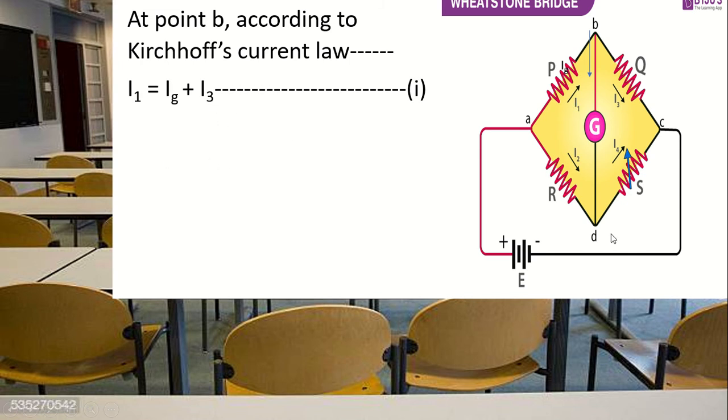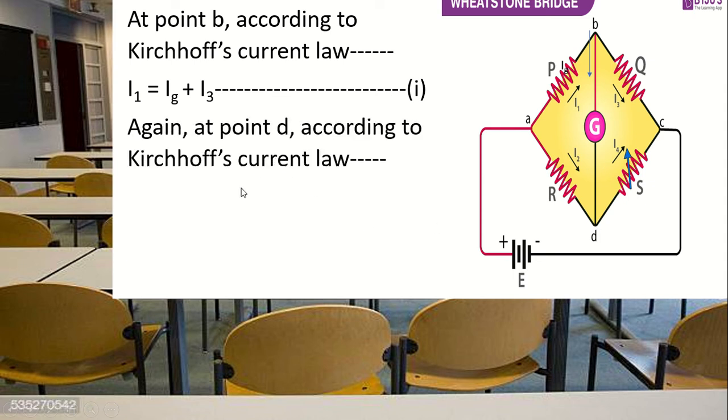Now at point D, applying Kirchhoff's current law, I2 is incoming and Ig is incoming, and I4 is outgoing. So we can write I2 + Ig = I4. This is equation 1 and this is equation 2.